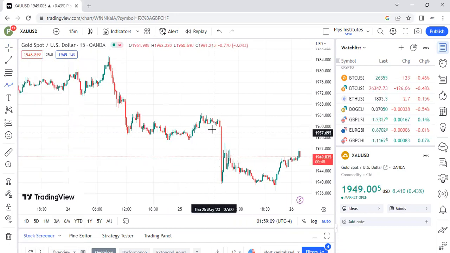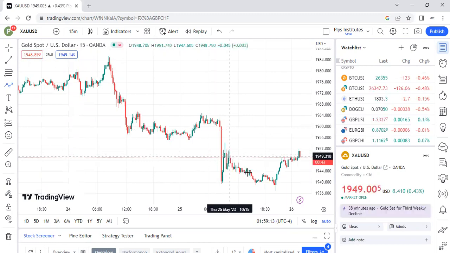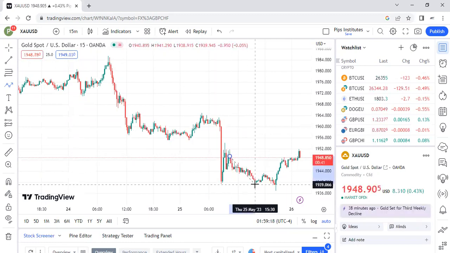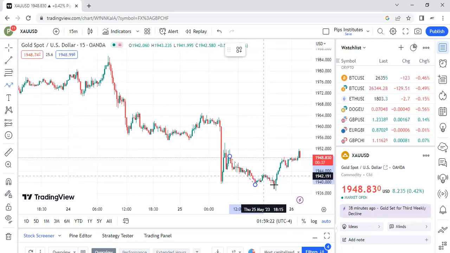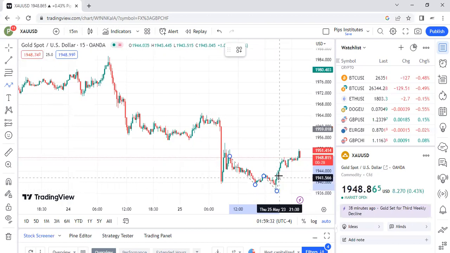Now the market was moving this way, right? So we have a push up, then we have a push down. Can you see that this, then we have another push up, then we have a push down, then we have a push up.